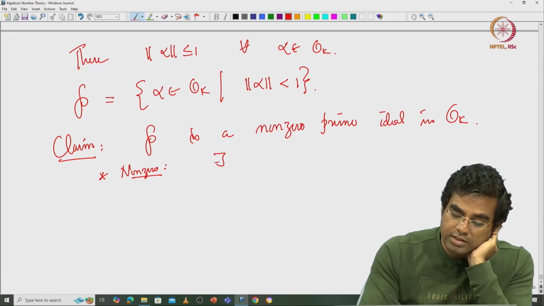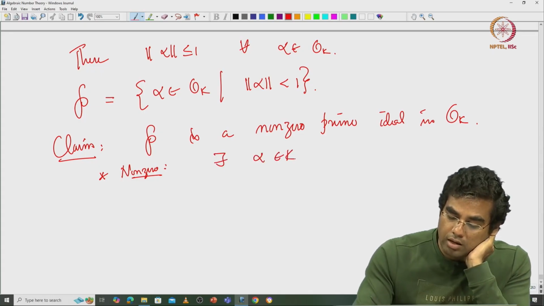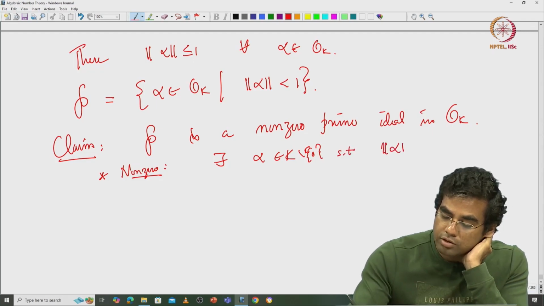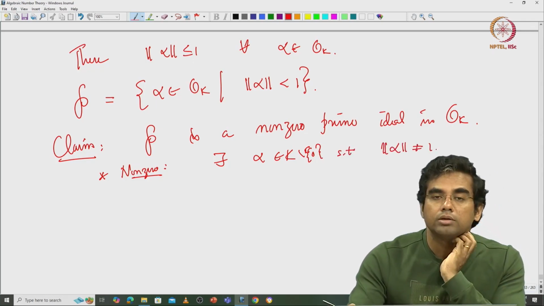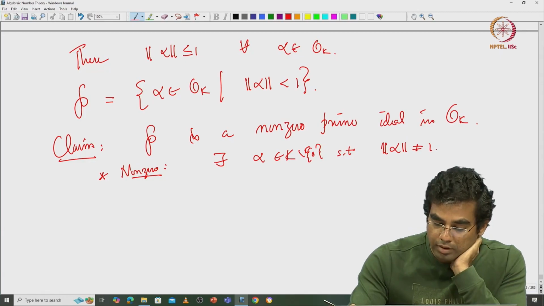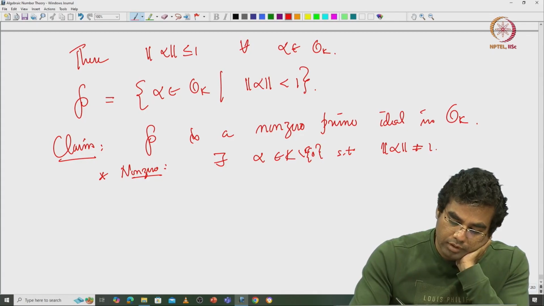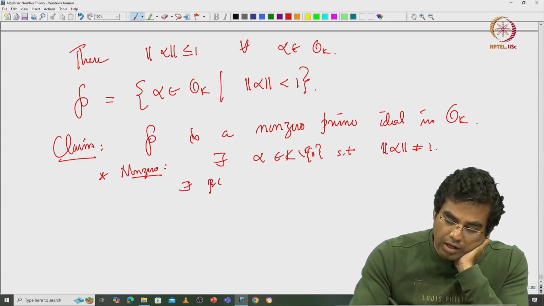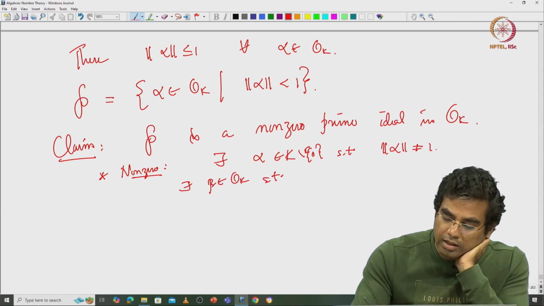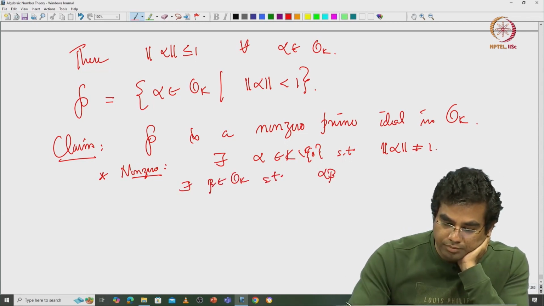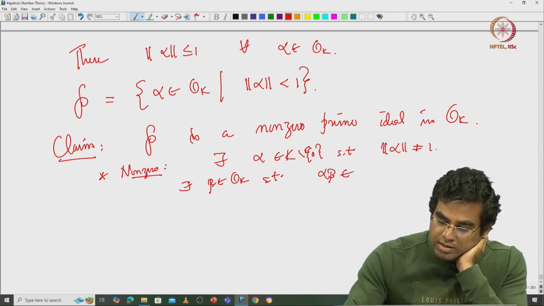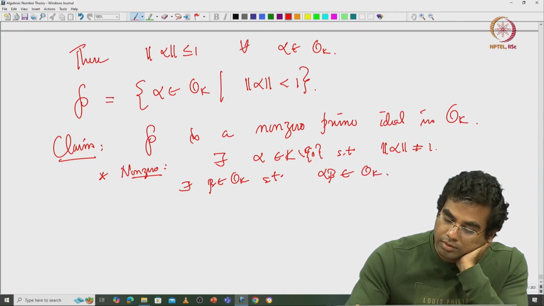All right. So, there exists alpha in k minus 0 such that valuation of alpha is not equal to 1, right. So, there exists beta in OK such that alpha times beta is inside OK, right.